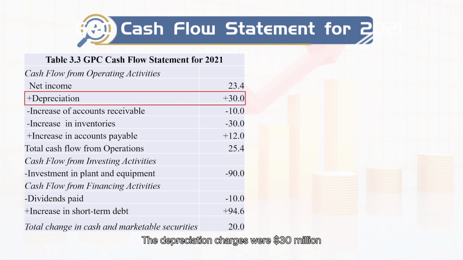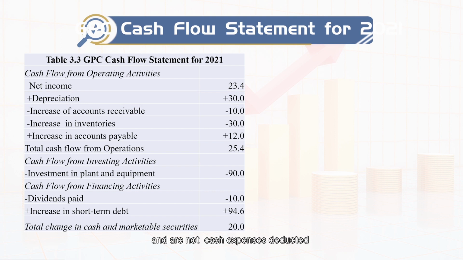The depreciation charges were $30 million and are not cash expenses deducted from revenues in computing net income. Because the cash outlays for the plant and equipment that give rise to the depreciation charges occurred when they were originally purchased, we have to add back the depreciation charges in the cash flow from operations.